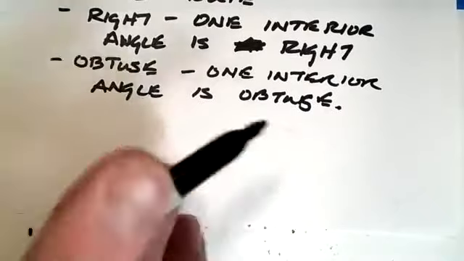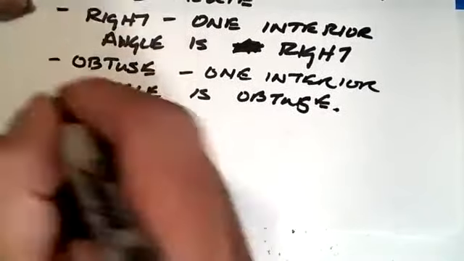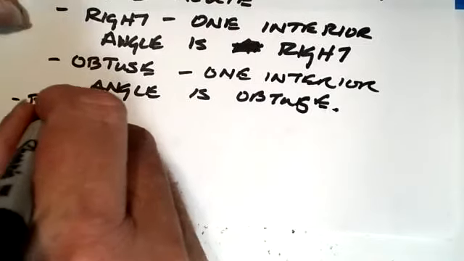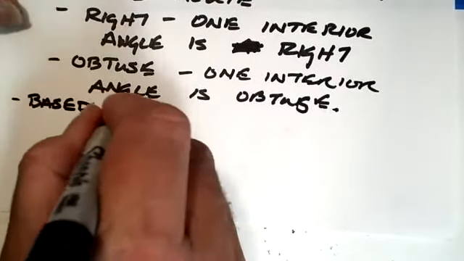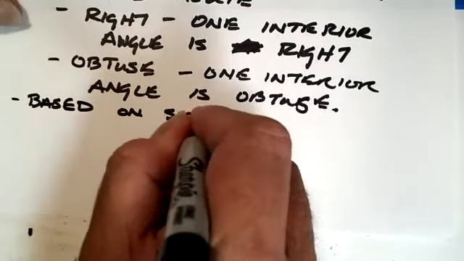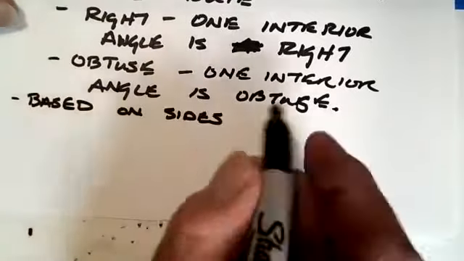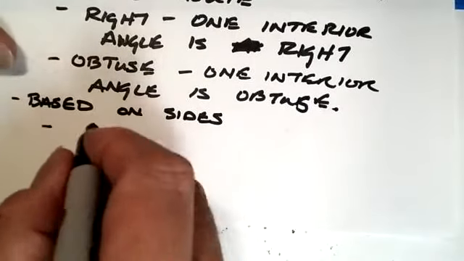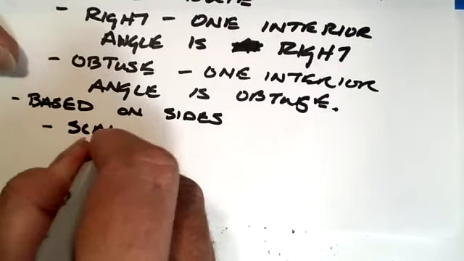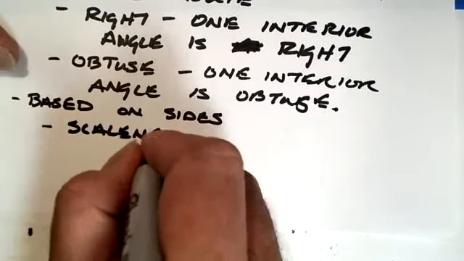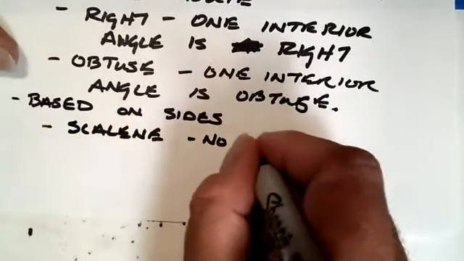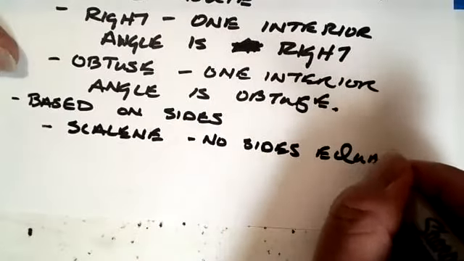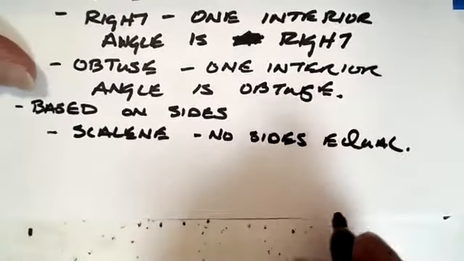We could also have names based on lengths of sides. So we have the term scalene, and this is no sides equal. No sides have equal length.